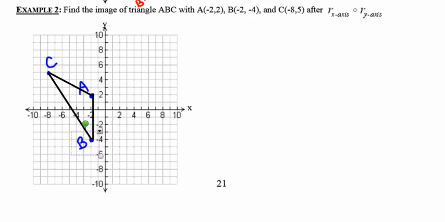And then I'm going to perform the composition, remembering that that open circle means the word after or the word following. So I'm going to work from right to left, and I'm going to perform that reflection in the y-axis first.